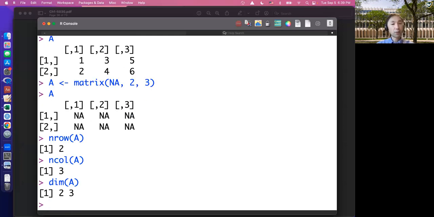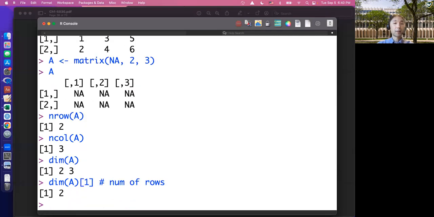And also the dimension of A, this is also useful. We have 2 rows and 3 columns, and this returns 2 numbers as a vector. So the first element is the number of rows, and the second element is the number of columns.